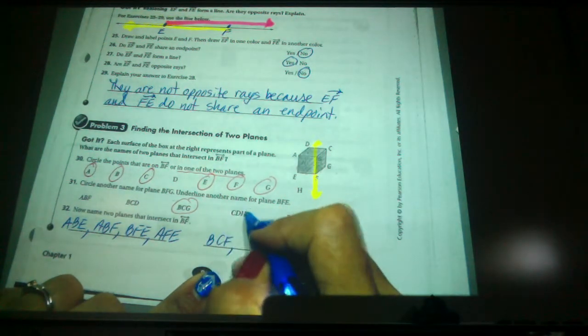I've run out of room. Then the other plane would be this one over here, BCF, BFG, CBG, and CFG. Those are just some. There's lots more. There's 9 of them for each one that you could use.